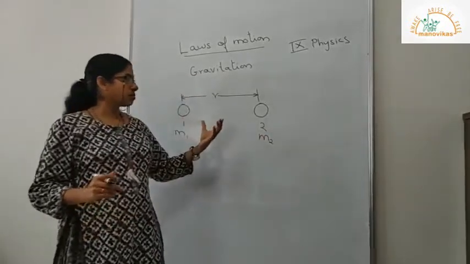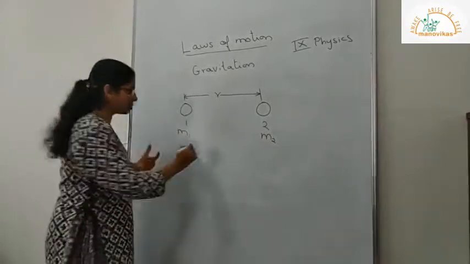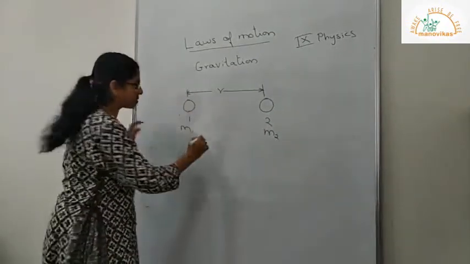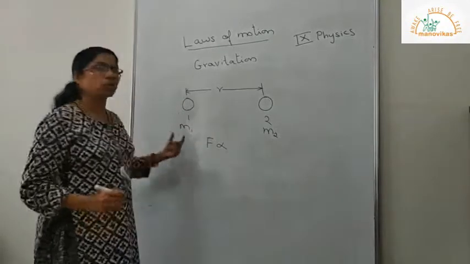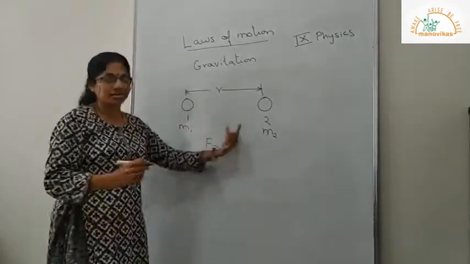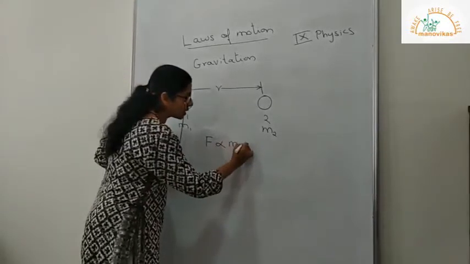So it was observed that the force between both the objects is directly proportional to the product of their masses. So I can write F is directly proportional to m1 m2.